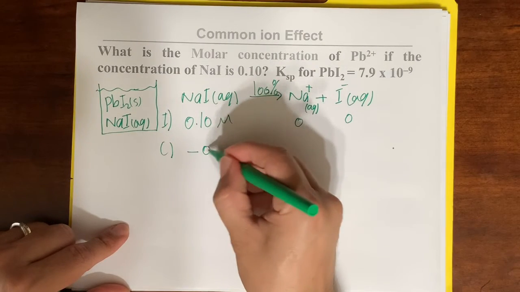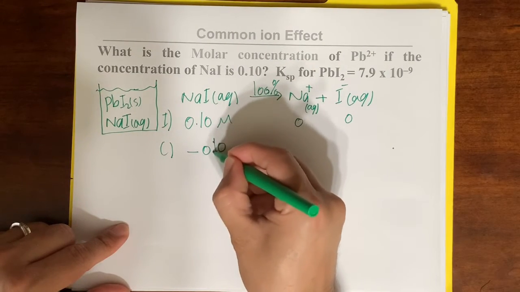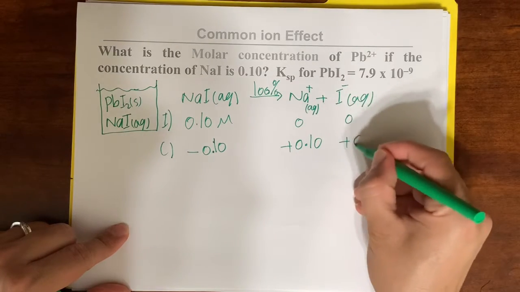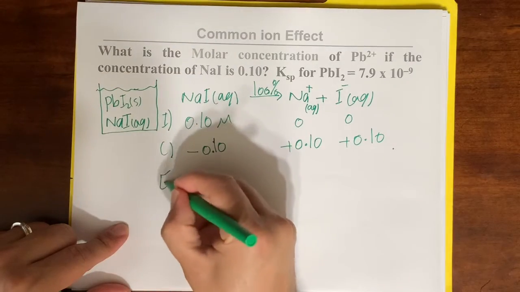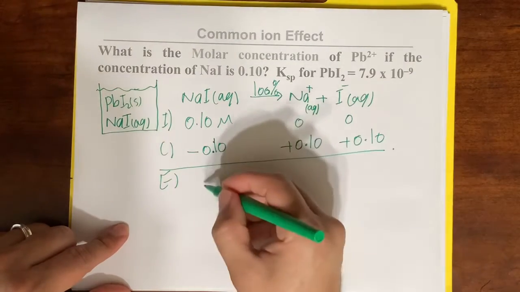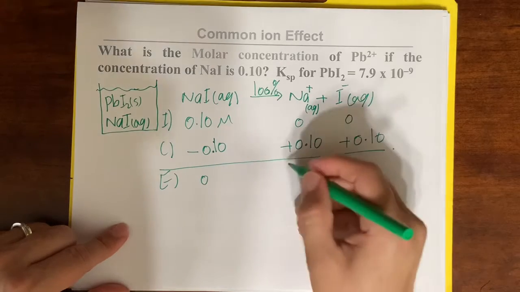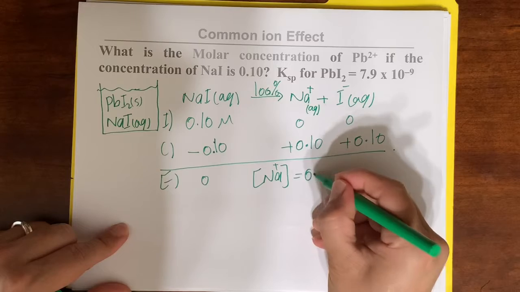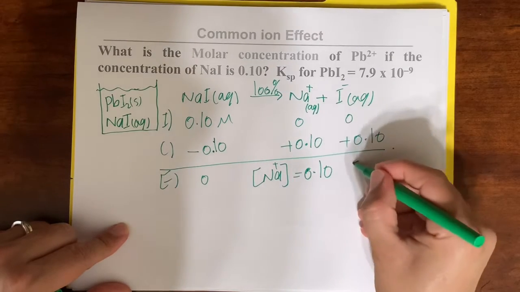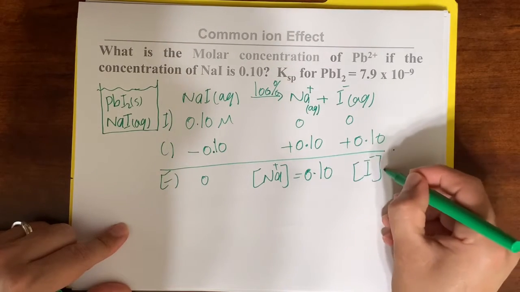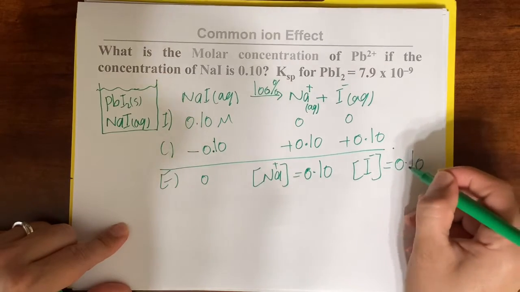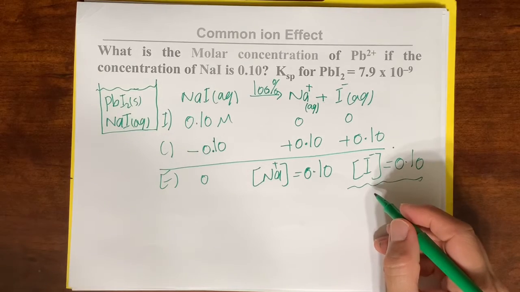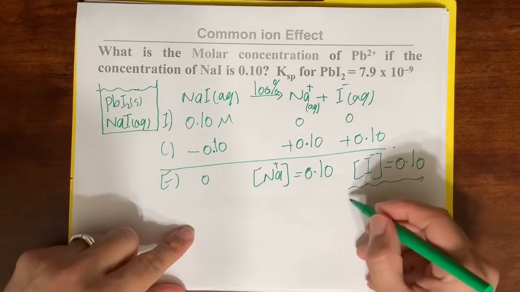So minus 0.10, plus 0.10, plus 0.10. At the end, I will have nothing from sodium iodide; from sodium I will have 0.10, and from iodide I will have 0.10. This one will be the common ion.